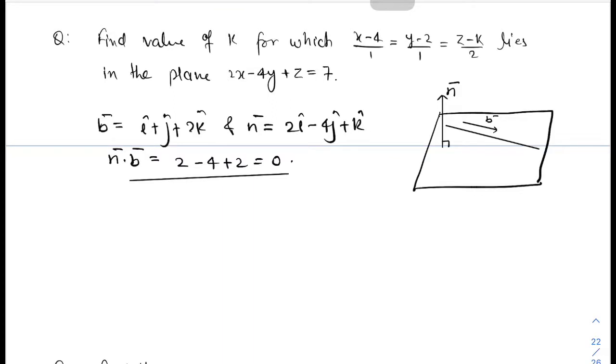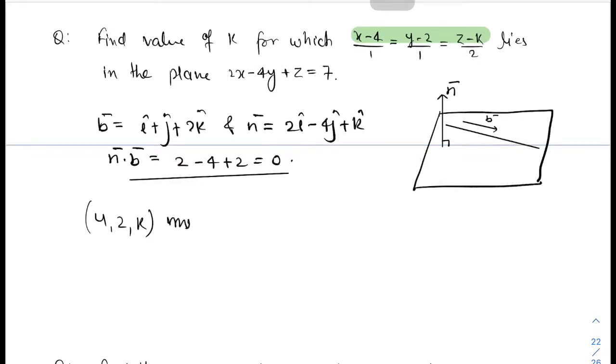But the line is also passing through the point 4 comma 2 comma k. If the line is completely inside the plane, then every point on the line must also be in the plane. So this must satisfy the equation of what?